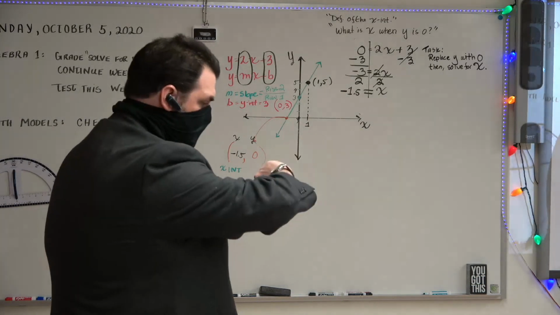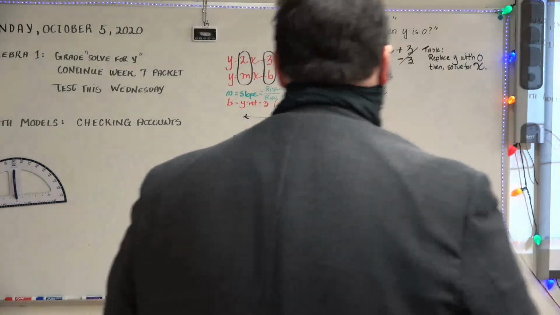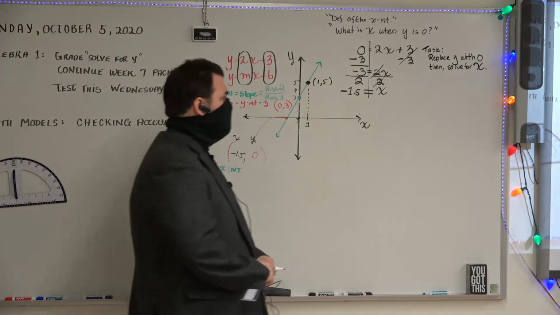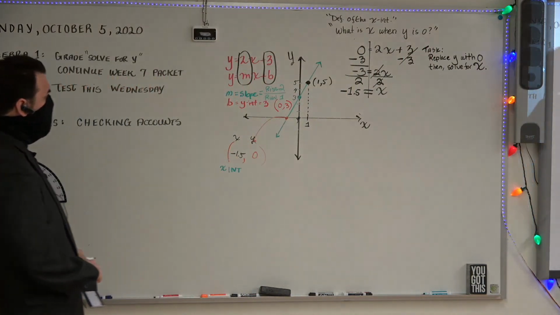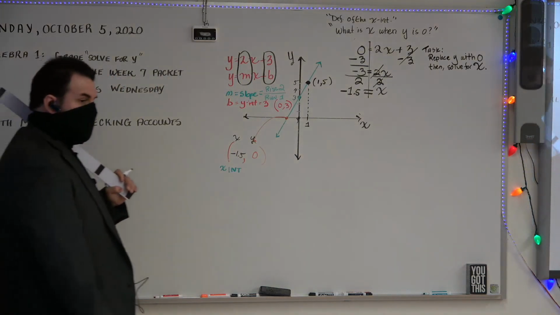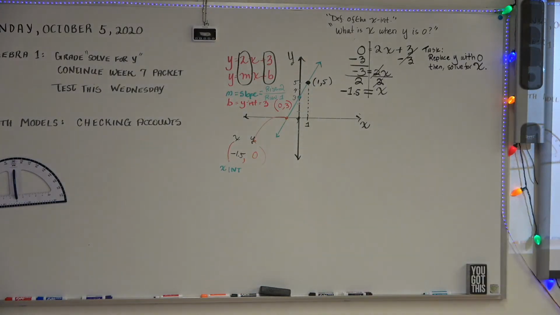Guess what? We can ask this question with any y value. I mean, we can ask this question with any equation. For example, flip in your packets past Builder 1 to the back of Builder 1.